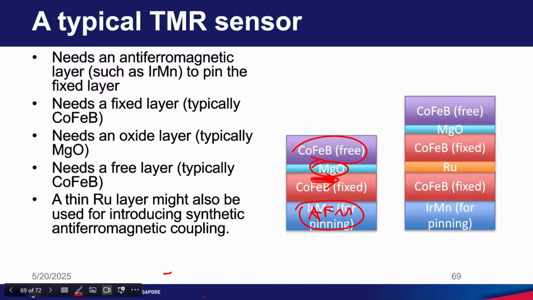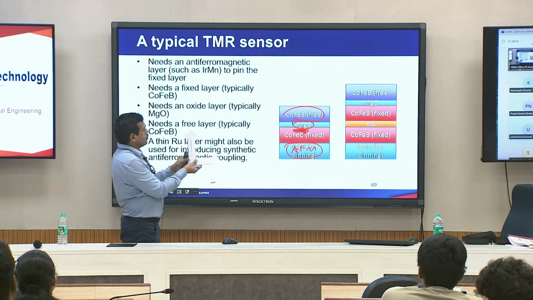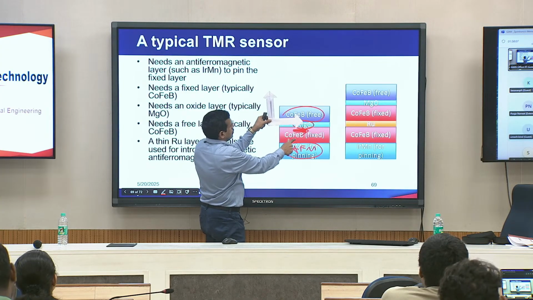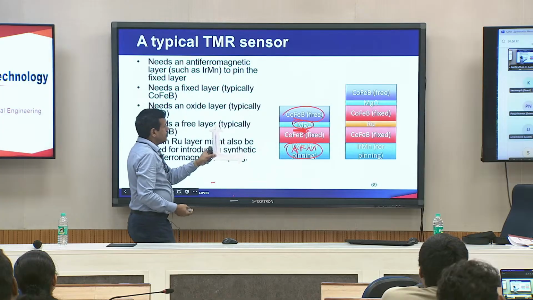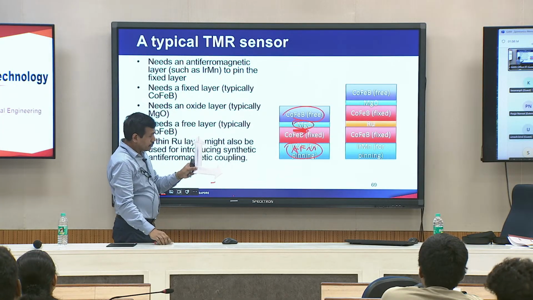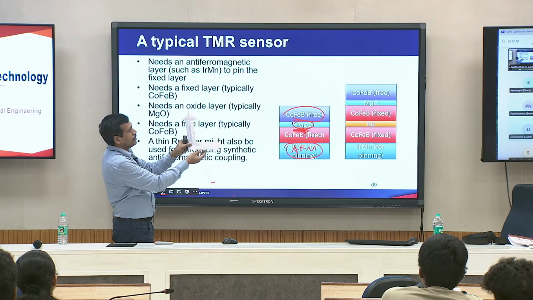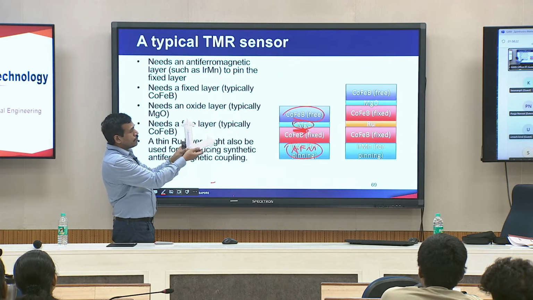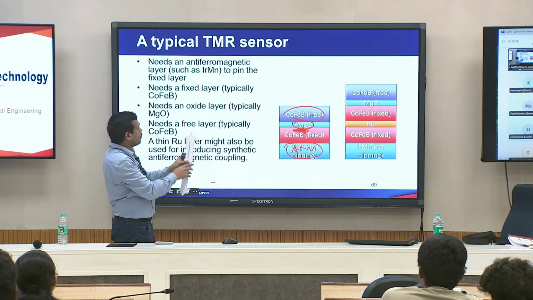Okay. So, here again in the absence of a magnetic field, the two layers' magnetizations will be perpendicular. The free layer magnetization will be pointing along this direction, the fixed layer is in a certain direction. Like this. So, if the magnetic field from the recording media is going up, it will force this magnetization to be parallel, and if the recording media magnetic field is pointing down, these two magnetizations will be anti-parallel. Okay.